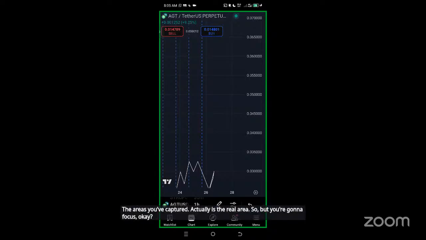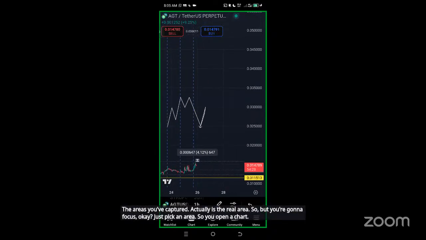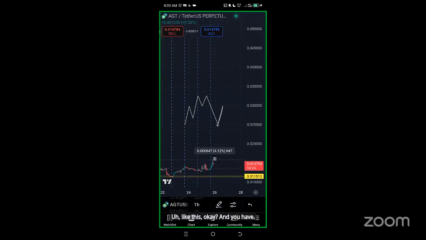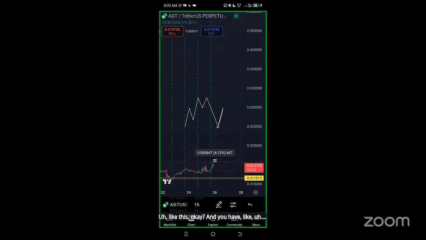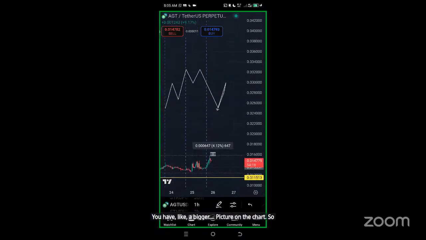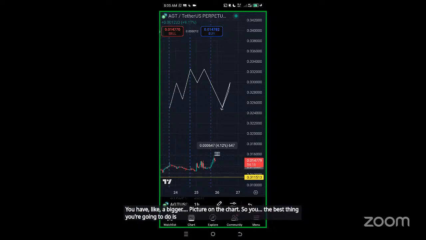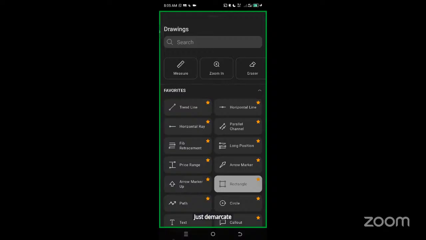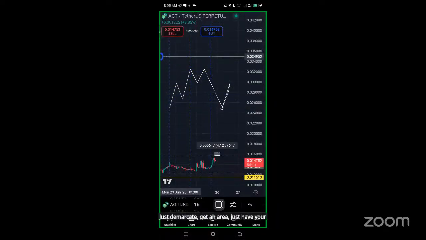So you open a chart like this, and you have a bigger picture on the chart. The best thing to do is just demarcate an area, like this.